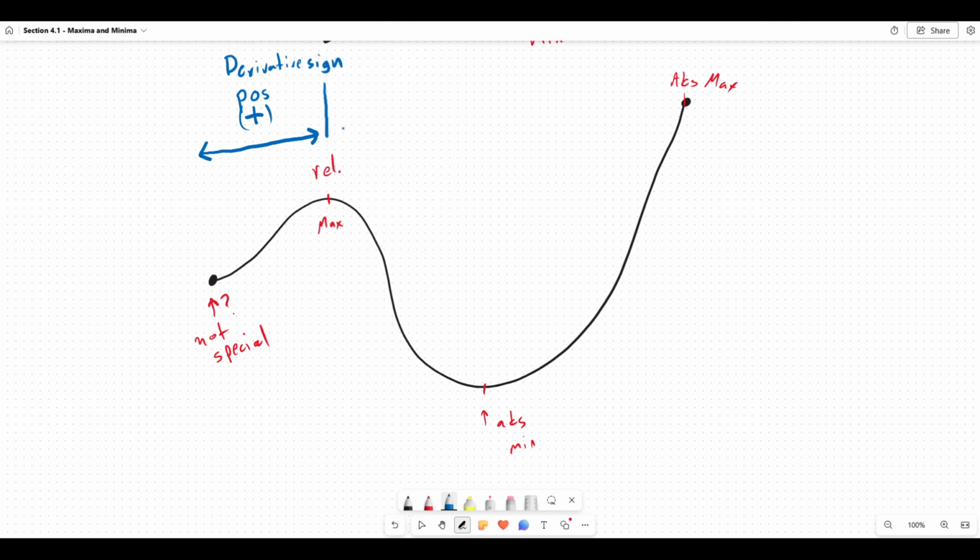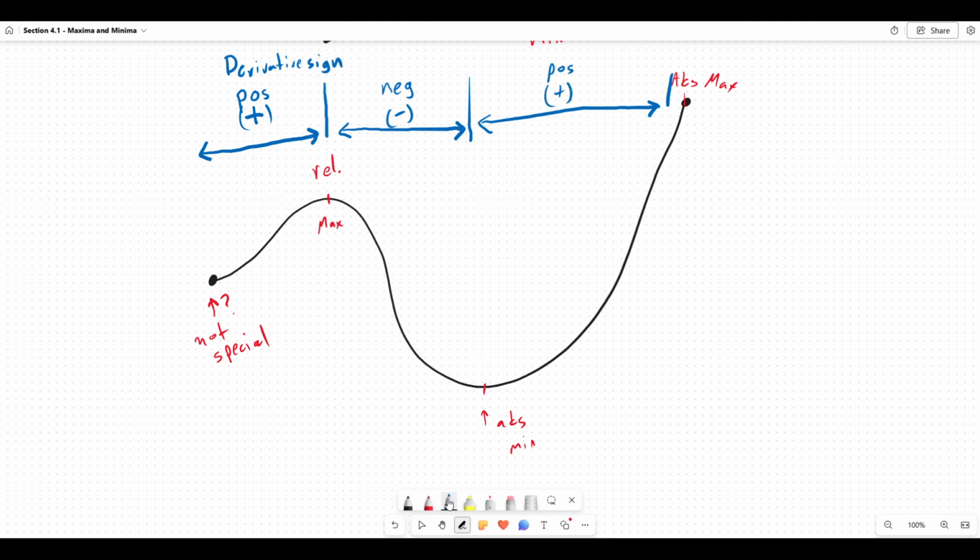And if we keep going from the relative maximum to the absolute minimum, hopefully you would agree, because it's a decreasing graph, the derivative sign will be negative. And one more, as we go from this point to this point, we're increasing again, we're back to being positive.